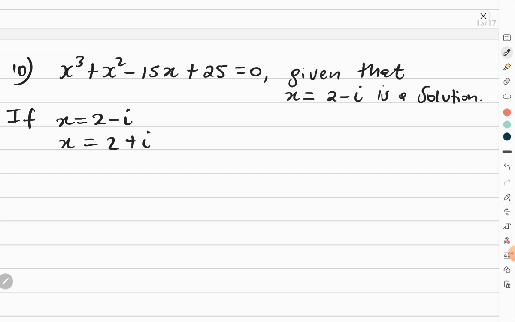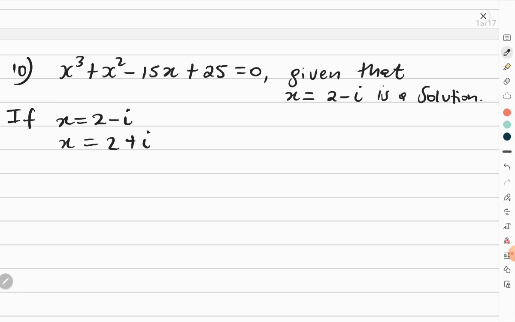Hence we discussed that complex solutions always go in pairs. So we have this one and also the conjugate of it. That's just what we have applied here. We have already found 2 solutions for this equation, because we are given the complex solution.